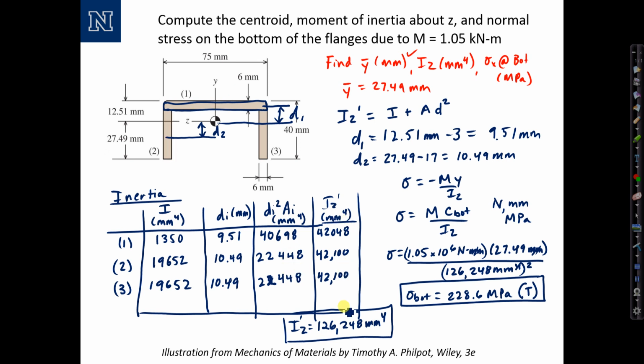So those numbers seem to make sense. My stress is a fairly large number, but within the reasonable range for engineering units, less than 300 megapascals, which is the start of where yield might occur. So these are reasonable values. I believe that my answer looks correct.